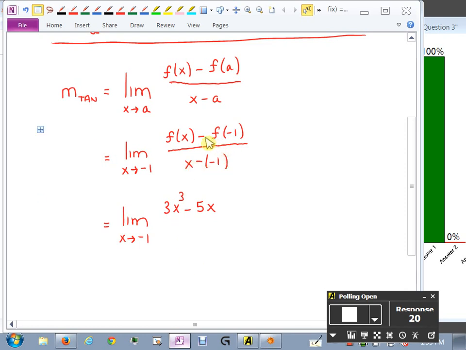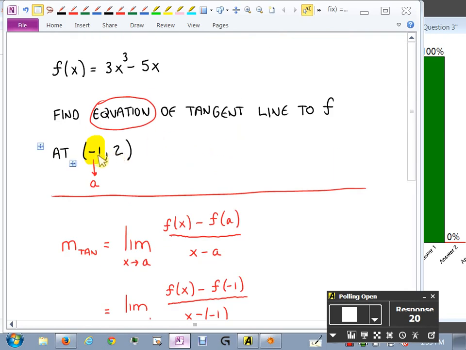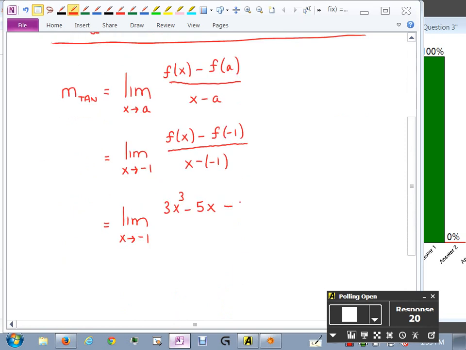Now, I'm going to take away from that f of negative 1. So plug negative 1 into the function. It's going to spit out what? 2. It should, because that's what this point meant, right? You plug in negative 1, you get 2. So it should spit out 2, all over x plus 1.